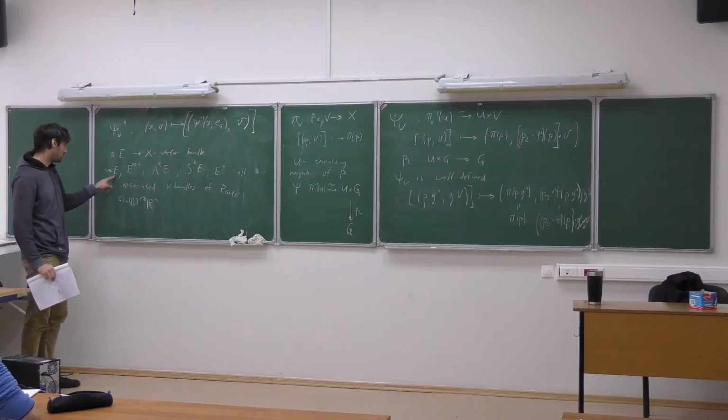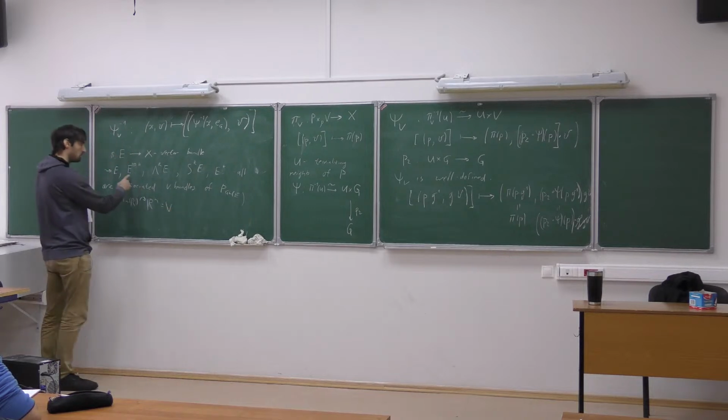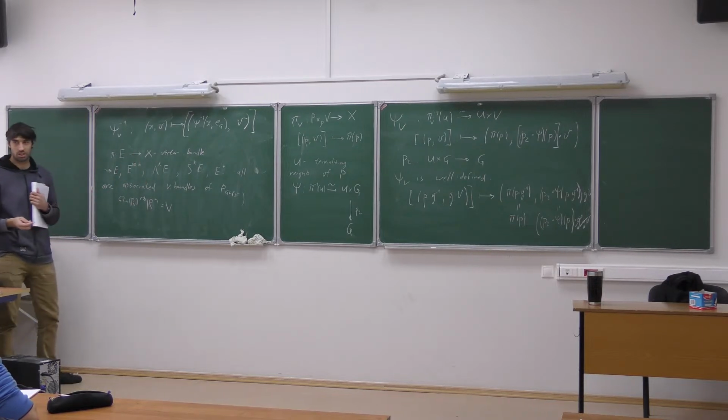You can then take a tensor power of this V. If you get this, you can consider any anti-symmetrization actually.